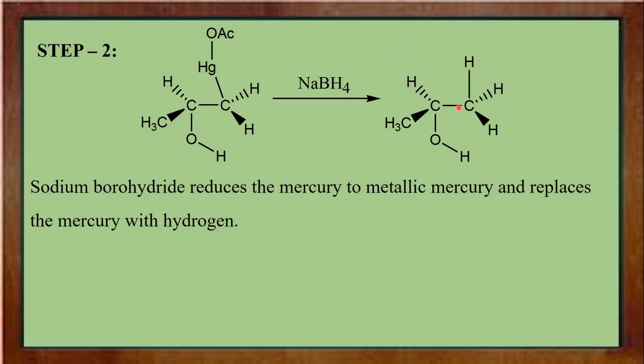These two carbons were having a double bond here in the beginning. So this is the less substituted carbon to which hydrogen is added. With the more substituted carbon, OH is added. So this is again a Markovnikov product, and this kind of oxymercuration followed by reduction does not involve carbocation rearrangement.